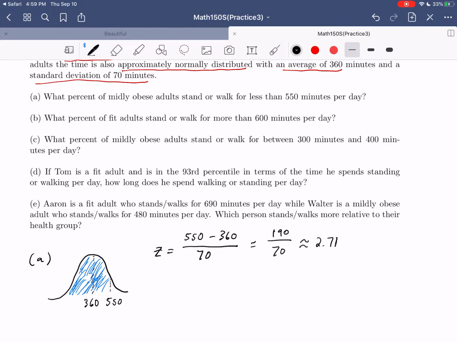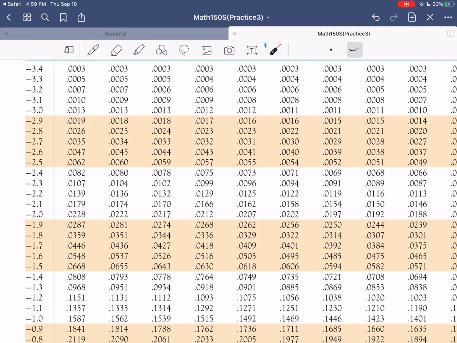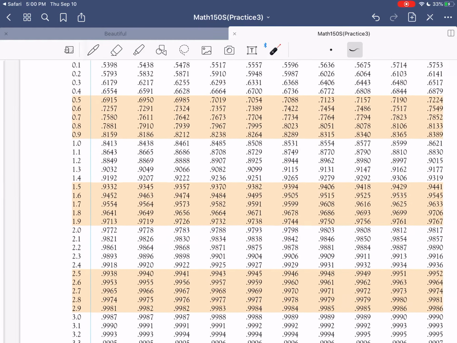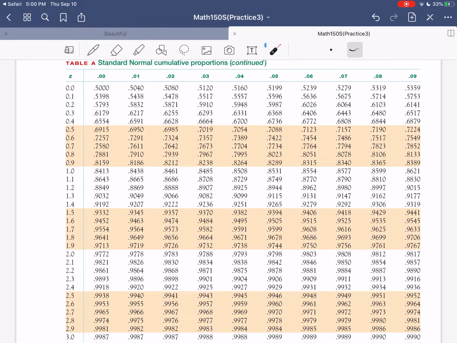Now we can go ahead and look this up on table A. I put table A at the end of this document, so let's look for 2.71. We'll need the positive sign. There's 2.7, and if we zoom out a little bit, there's 2.7 and 0.1.